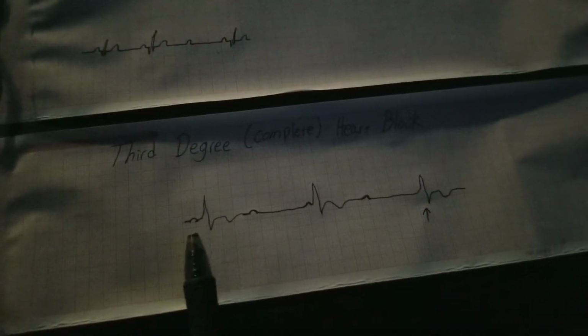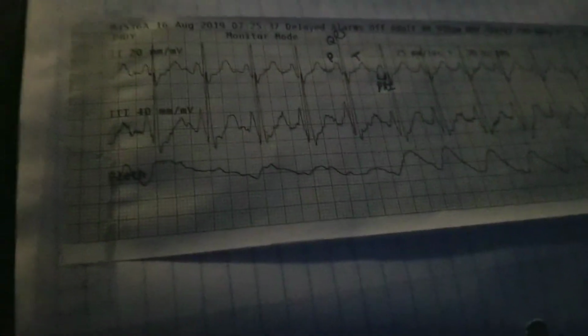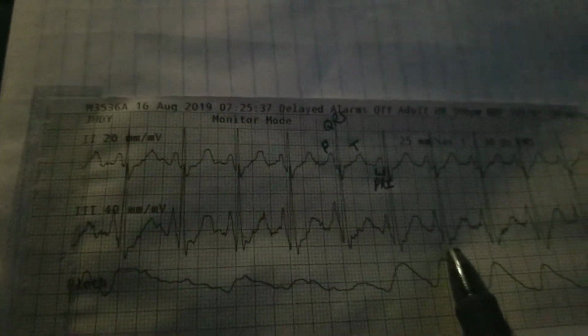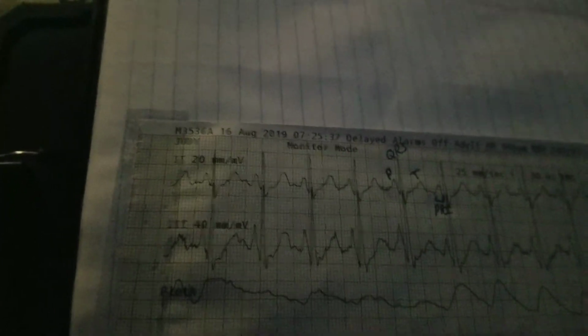The third degree heart block, or the complete heart block, there's no communication between the top and the bottom of the heart. You can have a narrow QRS complex like we saw earlier. Let me bring this other paper back over here. A narrow complex QRS is anything that is 0.12 seconds or less.